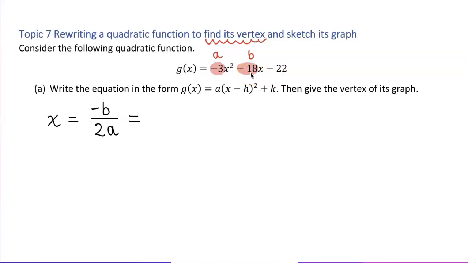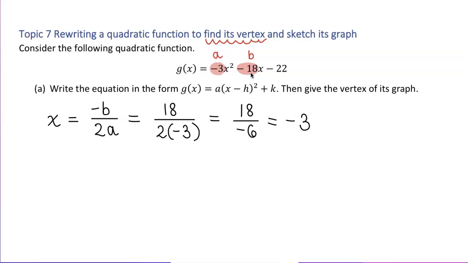Double negative will make that negative 18 positive 18 on the numerator. And in the denominator, we're going to have 2 times the a value of negative 3. So we have 18 divided by negative 6. And 18 divided by negative 6 is negative 3. Now we have the x-coordinate.